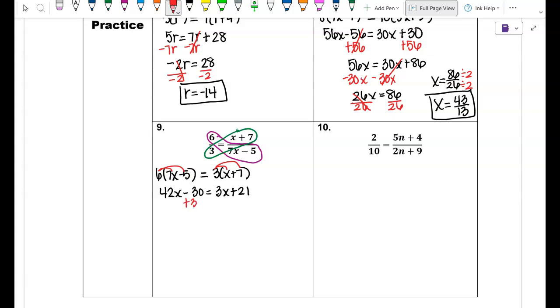I'm going to add 30 to both sides. So 42x equals 3x plus 51. Subtract 3x from both sides. 39x equals 51.